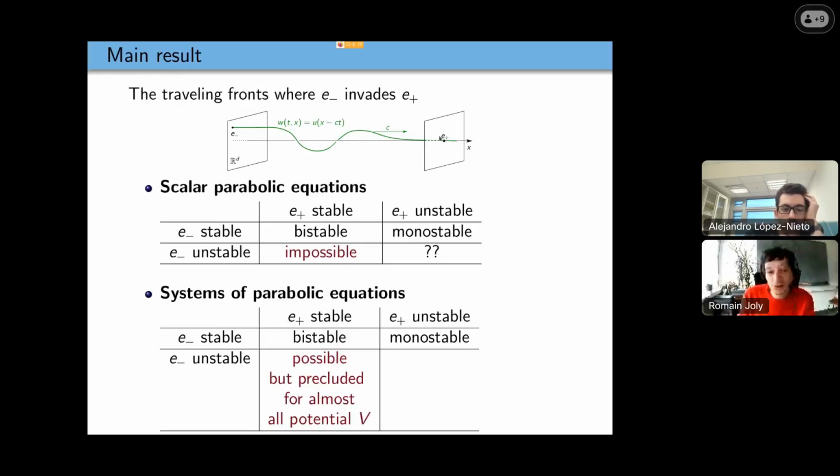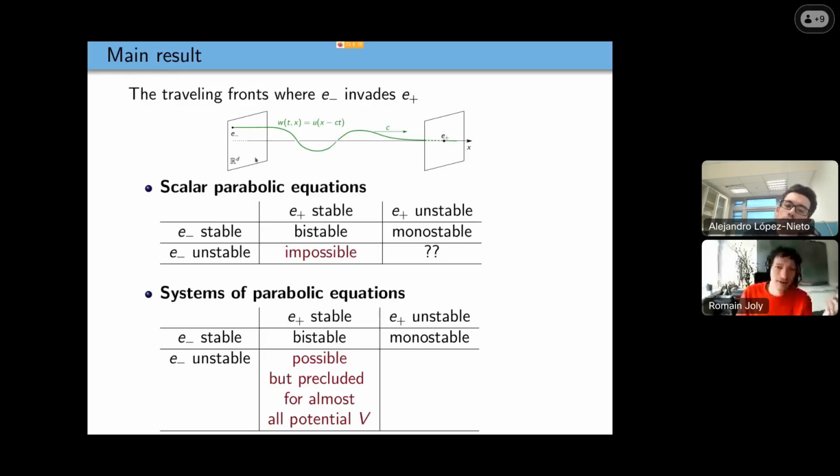In the case of monostable fronts, you usually say that E plus is unstable, so naturally it will be invaded by something, and E minus is stable. So the monostable case for the scalar parabolic equation always refers to the case where E plus is unstable and E minus is stable.